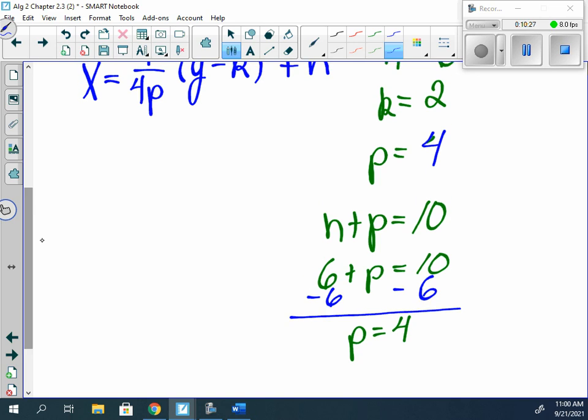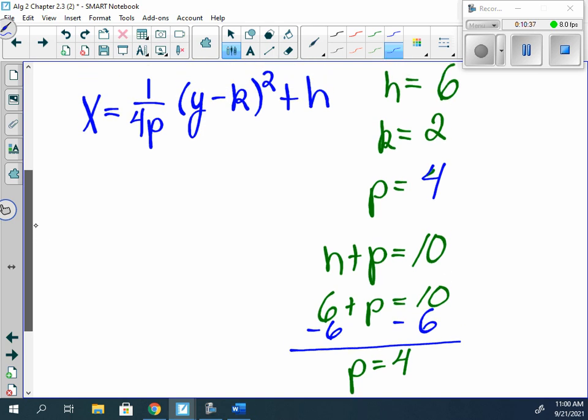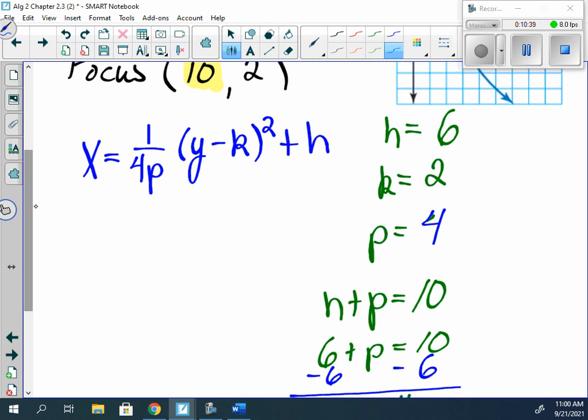Any questions on how we found the value of p, h, or k? Any questions on this so far? So what do we need to do next? Plug p, h, and k back in, yes? So we'll have x is equal to 1 over 4 parentheses, well, p is 4, parentheses y minus k is 2 close parentheses squared plus 6.